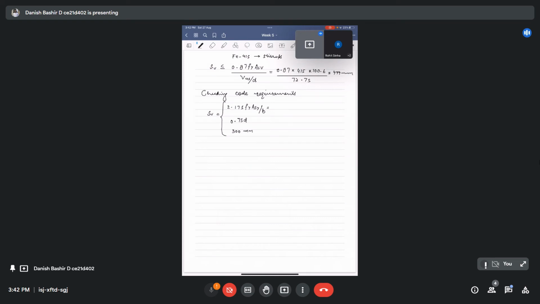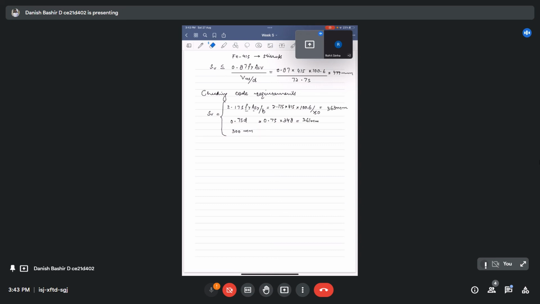When I plug in all the values, 2.175, 415, 100.6, divided by 250, this comes out to be 363 mm. 0.75D comes out to be 0.75 into 348, which is 261 mm. And the third is 300 mm.